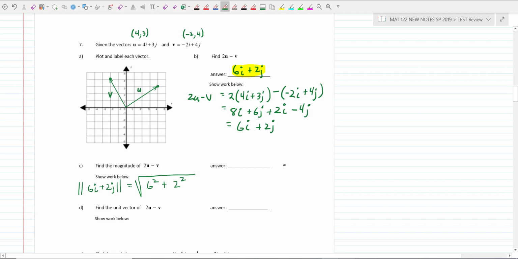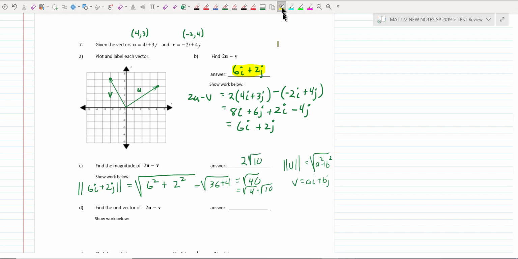So the general formula is the magnitude of a vector v is the square root of a squared plus b squared, if your vector is in the form ai plus bj. So we would have the square root of 36 plus 4, that's the square root of 40. Then you want to simplify, so the magnitude would be 2 times the square root of 10.